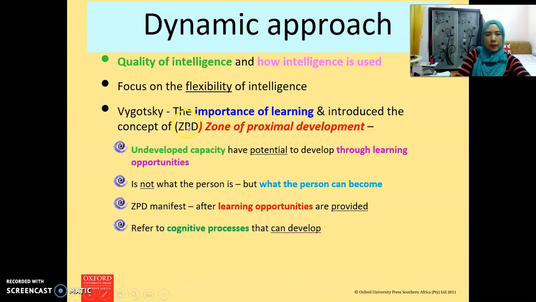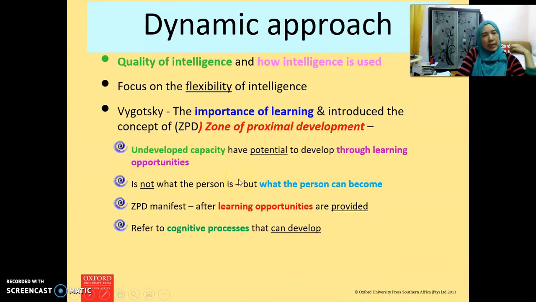So the person who does not have this opportunity has the capacity, but that capacity is considered underdeveloped. Underdeveloped capacity still has the potential to be developed through learning opportunity.